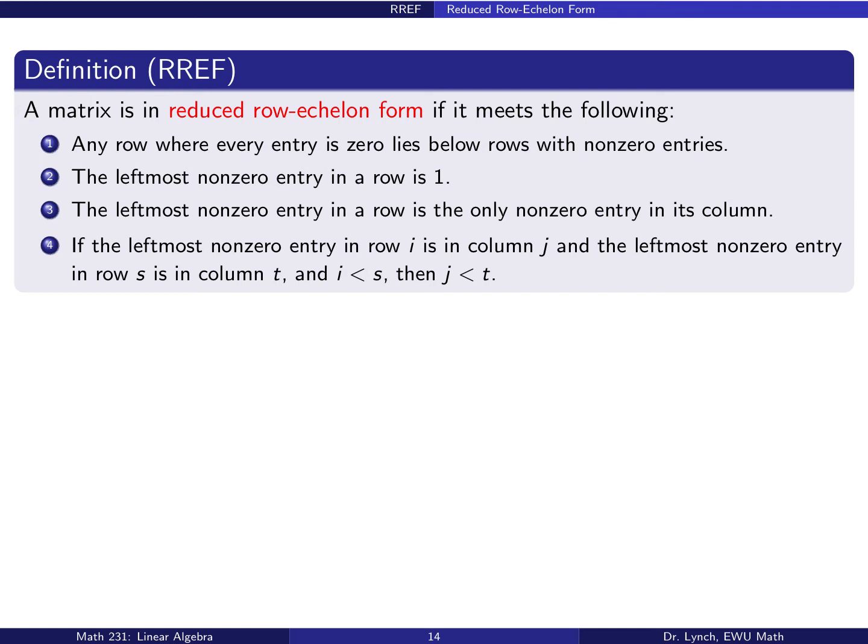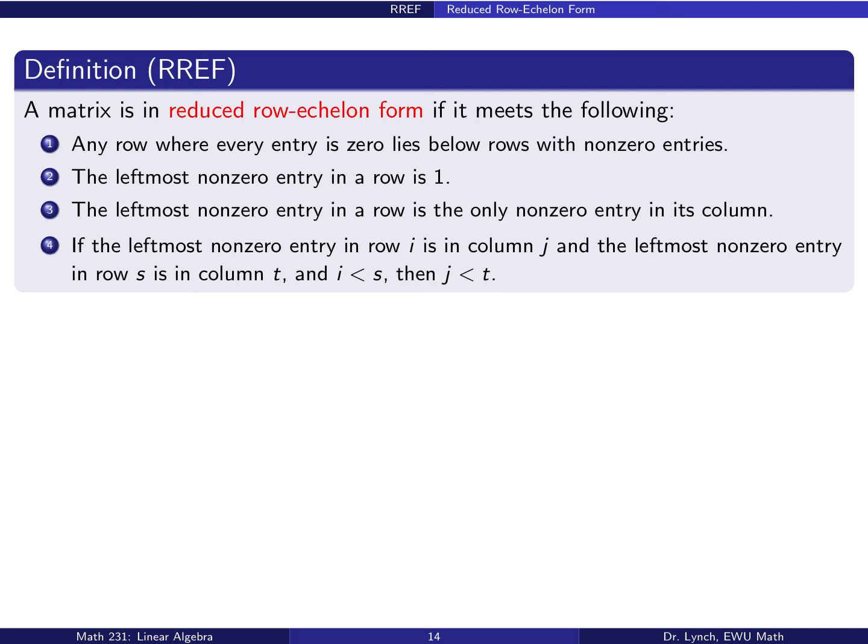Third, the leftmost entry in a particular row being 1 is the only non-zero entry in that column. And last, we have this IJ notation, but basically what it means is when you run into one of these entries where there's a 1, it has this descending order.